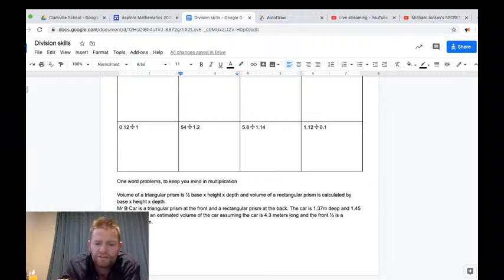Mr. B's car is a triangular prism at the front and a rectangular prism at the back. The car is 1.37 meters deep and 1.45 meters high. Find an estimate volume for the car, assuming the car is 4.3 meters long and the front third is a triangular prism.